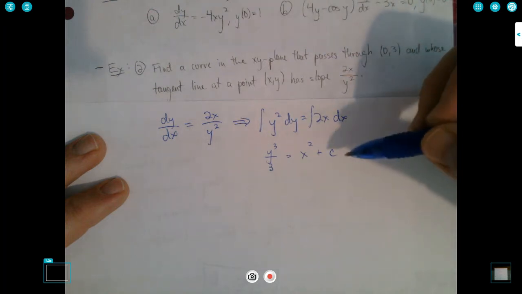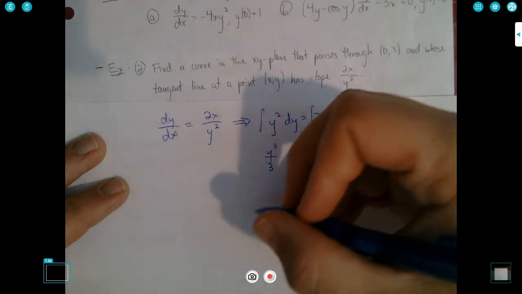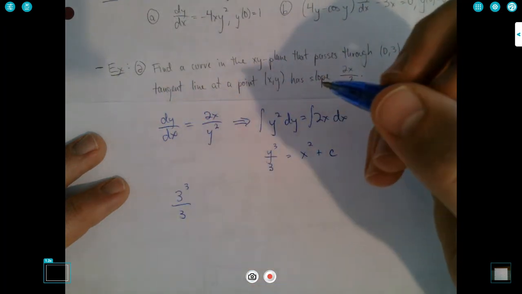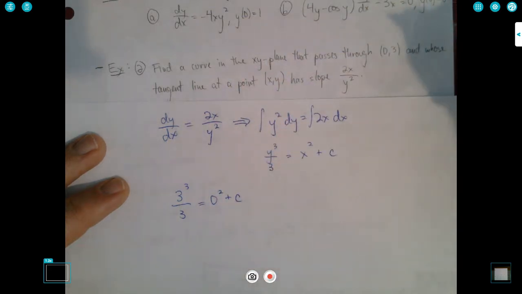Now, in order to solve for c, we need to use this initial condition. So we can say, well, it passes through the point 0, 3, so that means when x is 0, y is 3. So we'll say 3 cubed over 3 equals 0 squared plus c.